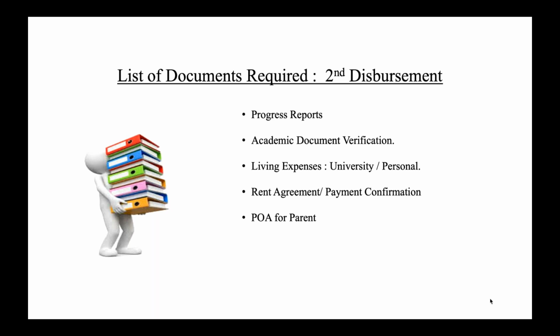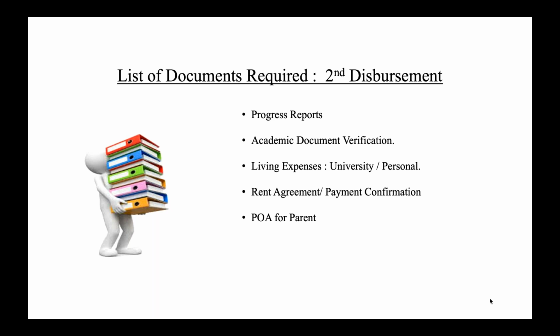There could also be a power of attorney where the student gives the power of attorney to his parent to write on his behalf requesting for second disbursement. So that is what is required. These are the basic things required for second disbursement. You should please be mindful of this.